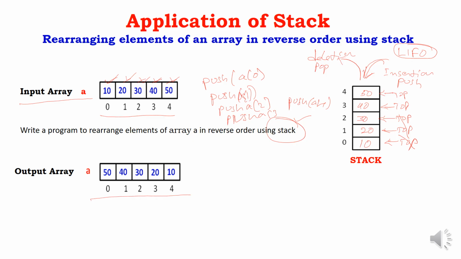Now pop elements one by one. If you pop, the topmost element, 50, is removed.